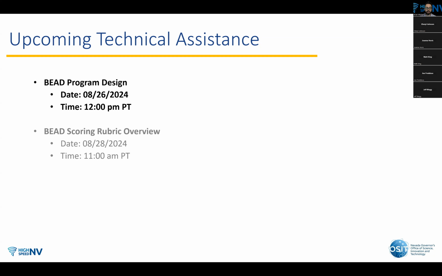But in the meantime, all of the application materials will be available today on the OSIT website, as well as to those of you who have subscribed to our mailing list. So please make sure to check that out and get started. There's a lot of work to do, and we hope that you're able to all get applications in.